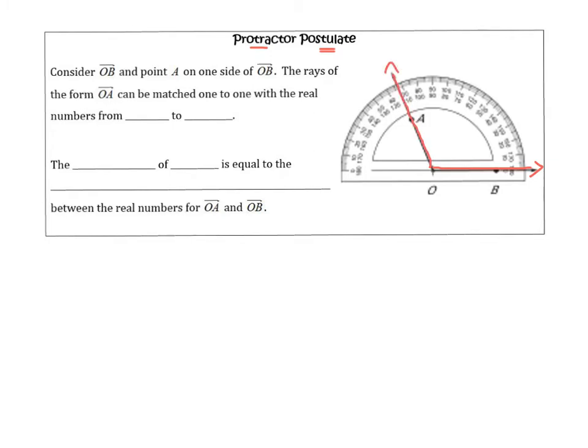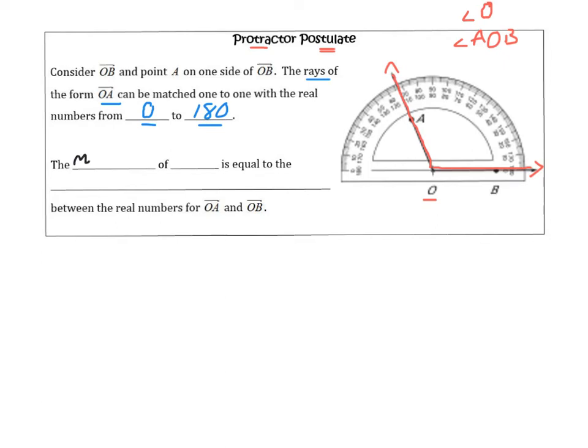Obviously my vertex is at O. The angle I'm focused on is AOB, or in this case you could actually just call it angle O. Now the rays of the form OA can be matched 1-to-1 with the real numbers from 0 to 180. Essentially, I'm saying that if I'm using a protractor, I can measure any angle between these values.